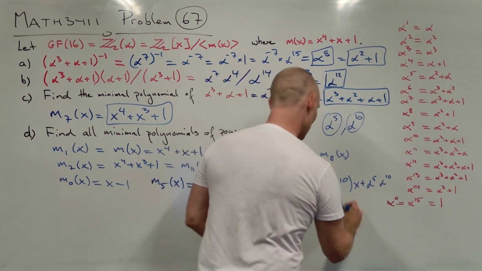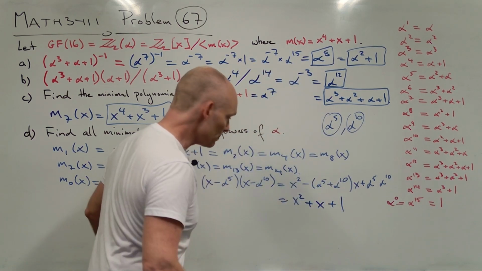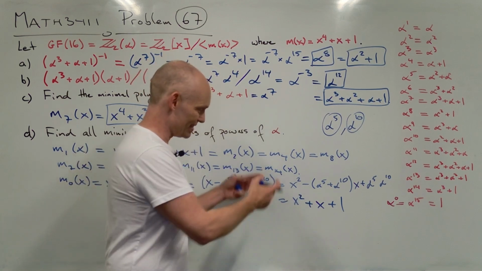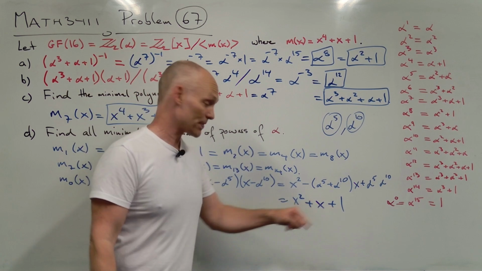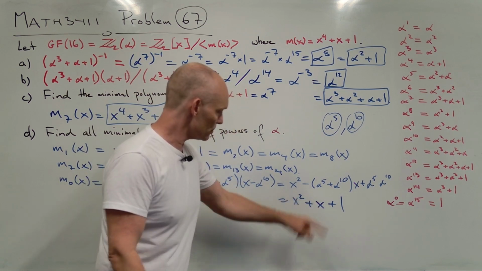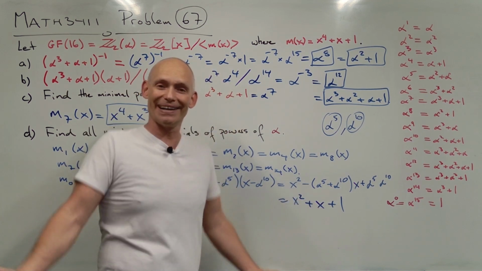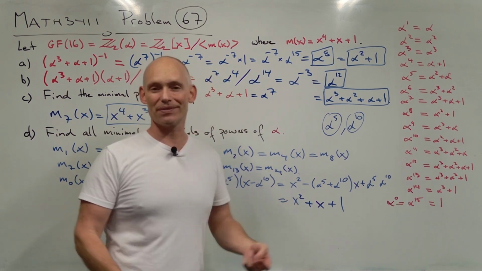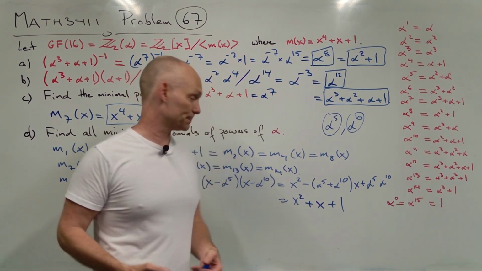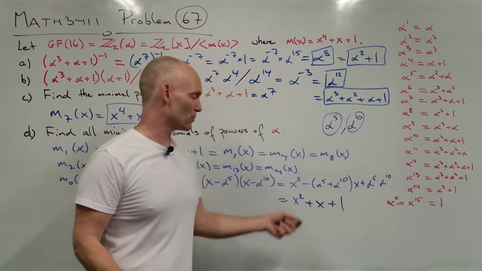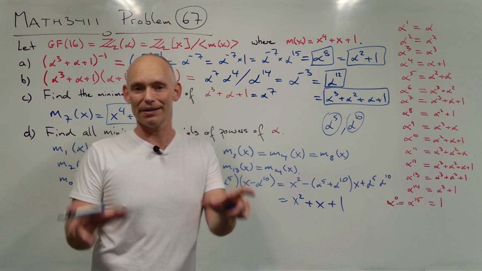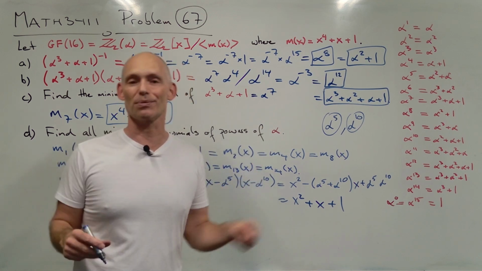And there we go. And is that irreducible? Yes, it is. And it's quick and easy to check. In particular, it doesn't have any root. 0 is not a root. 1 is not a root. And since it's degree 2, if it were reducible, then we'd have to be able to factor it into 2 linear terms, x minus something times x minus something else.